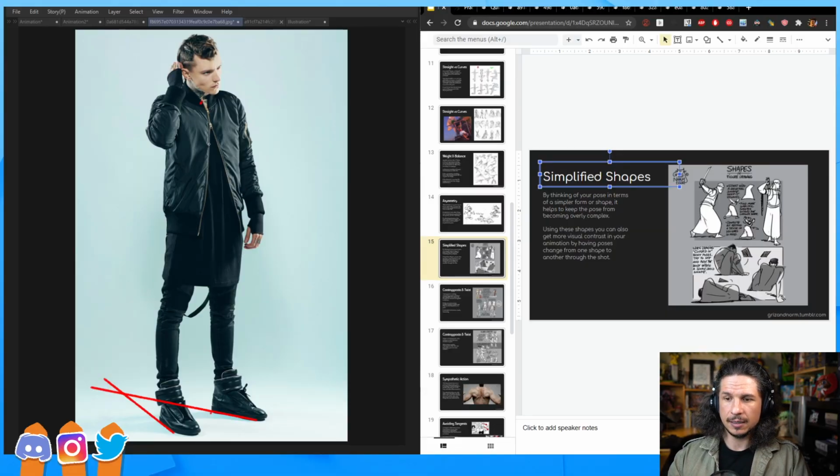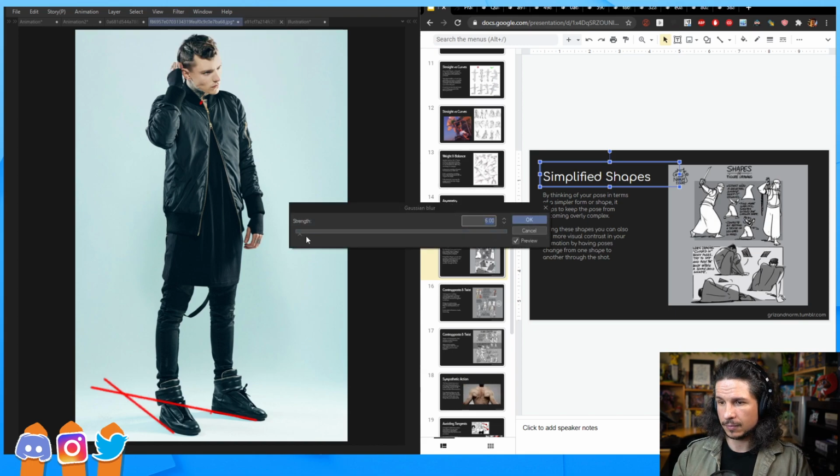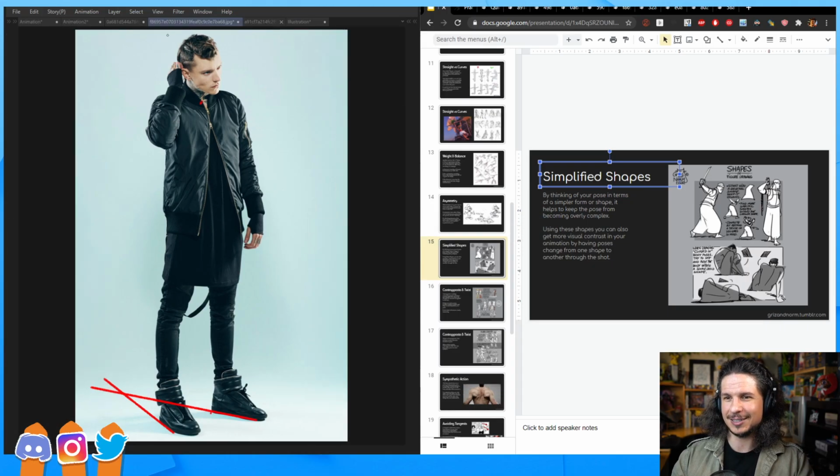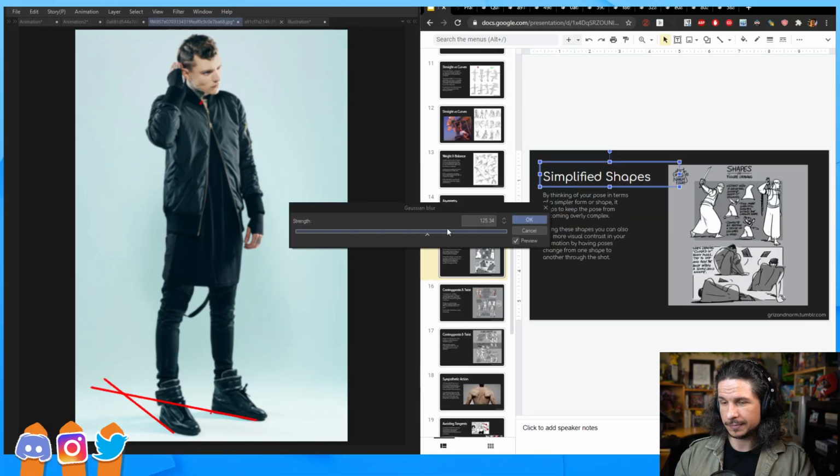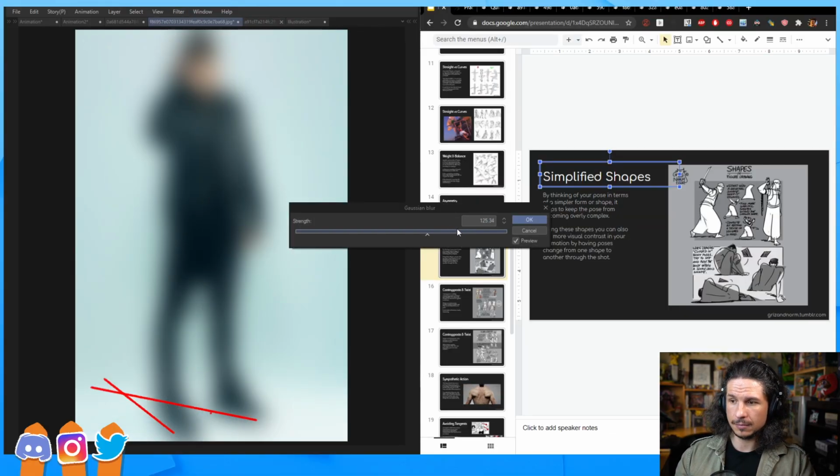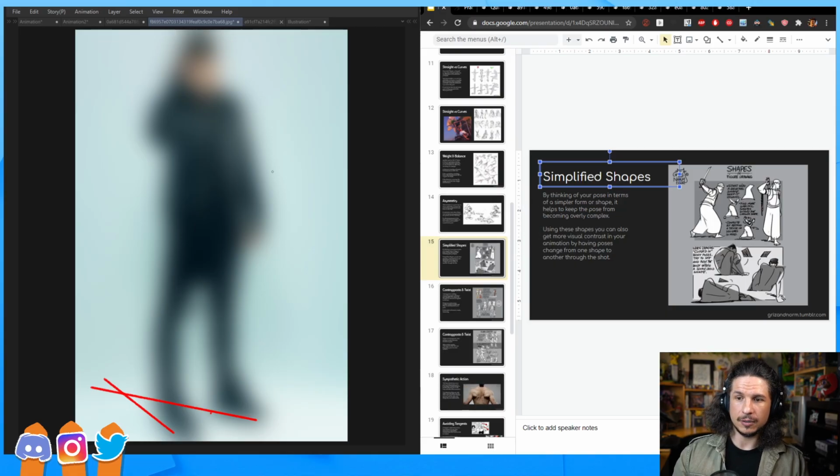And this again goes for anything. So even here, what's the simplified form? Let's once again blur this. Yep. Crazy amount of blur. Actually, did I just blur? I just blurred one layer. Okay, blur. So if we look at this, the form, you can actually see it has a lean to it.